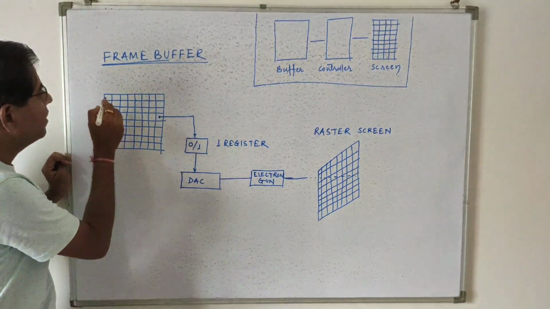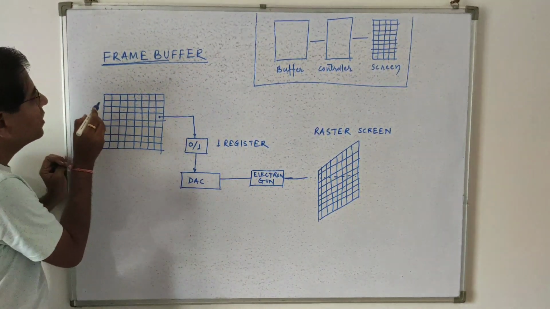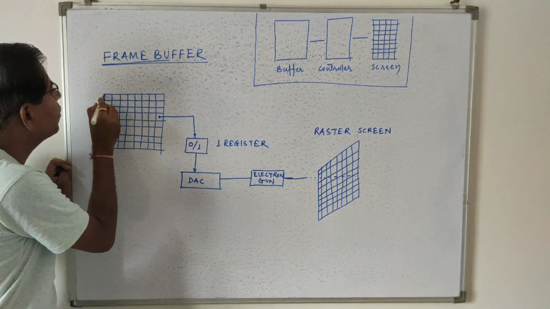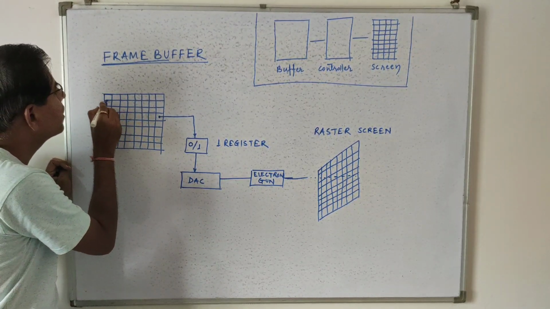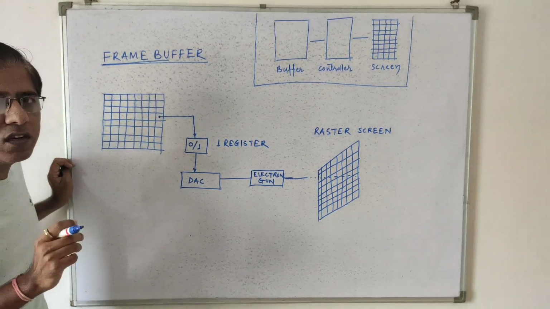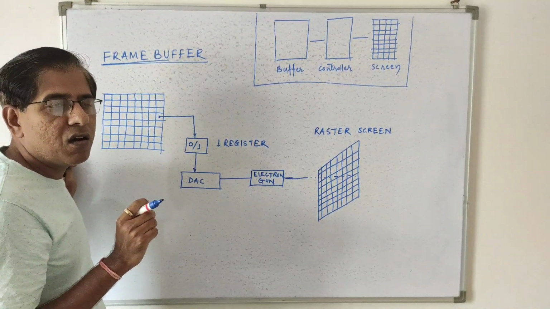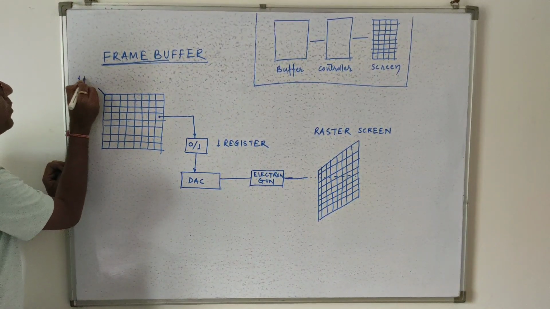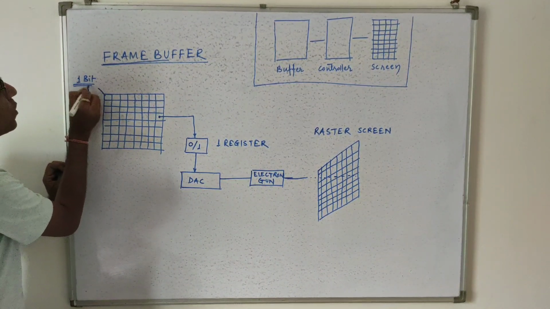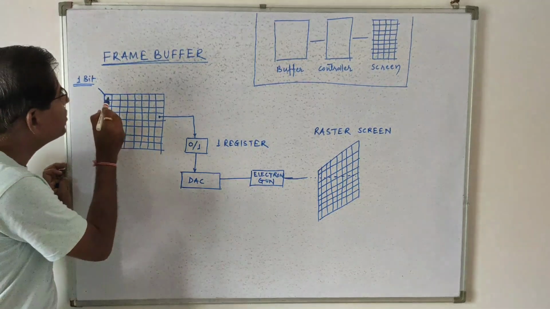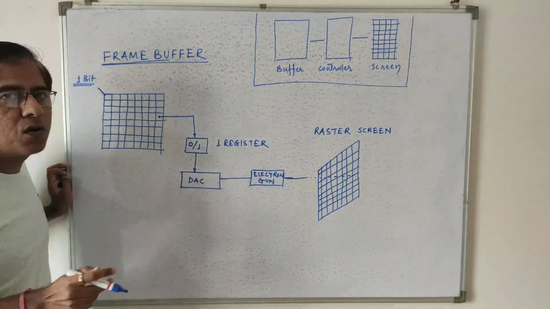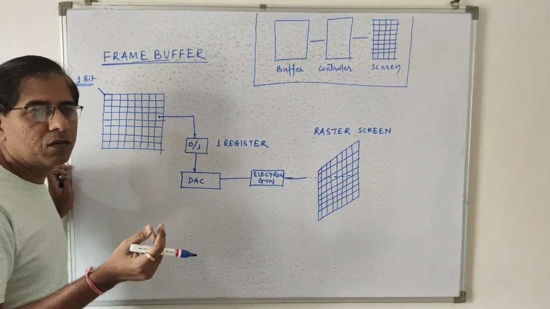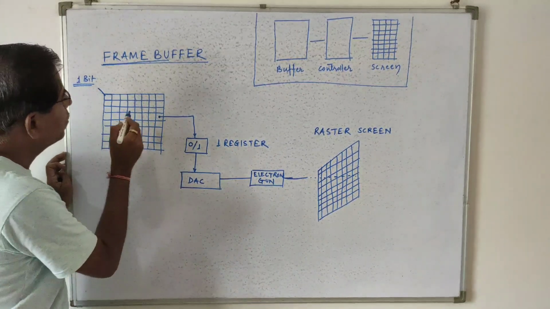Here you can see the memory location. Each memory location can store the data of 1 bit. So each memory location stores 1 bit data, either 0 or 1.